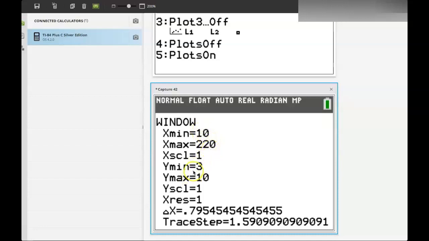Now for y, I chose the minimum value 3 and max 10, because in the second column the smallest number we have is 5.88, and the largest one is 7.9. Obviously, all of them are in this interval. Okay, so this was our window.